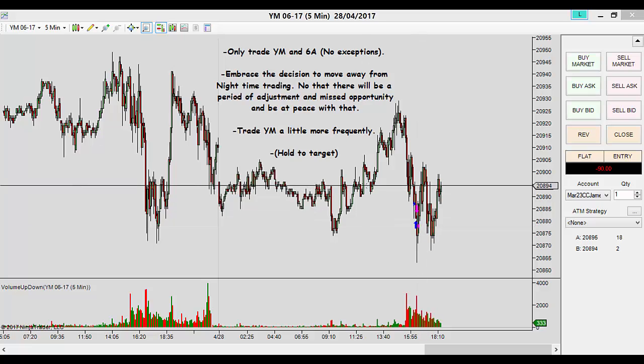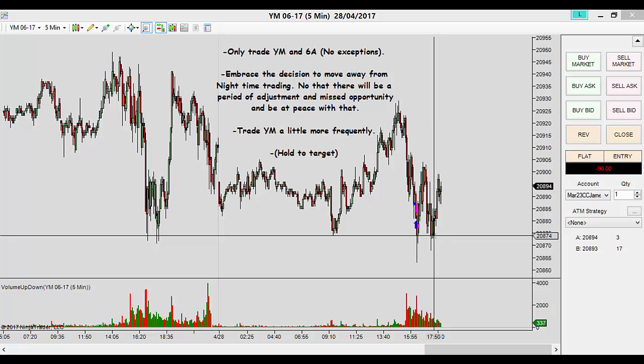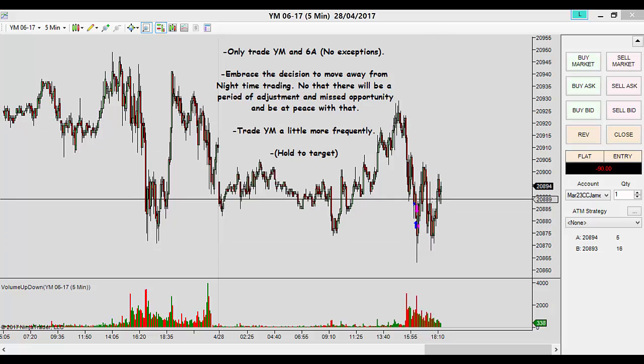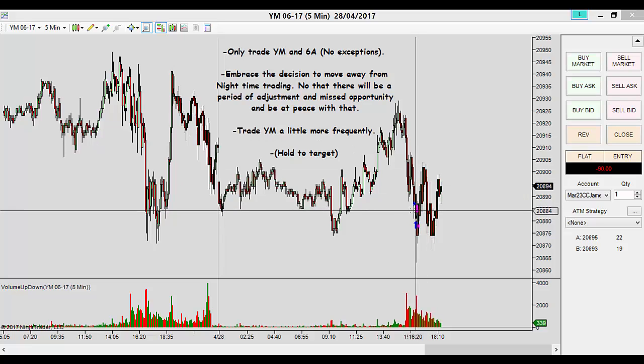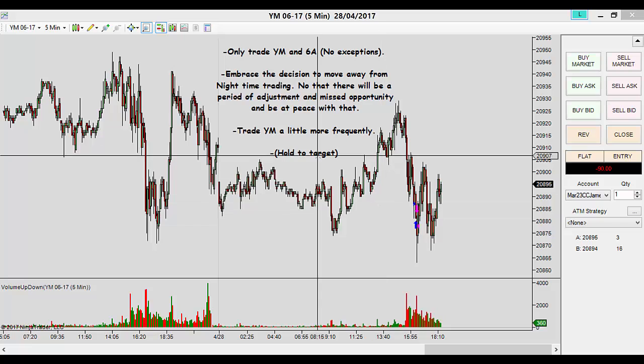That one did go to target, and this one we've yet to see whether the 874 entry with an 864 stop is going to hold, and whether that's going to make its way to target. But regardless of whether it does or it doesn't, I jumped the gun a little bit on the 2 YM trades that I did take.